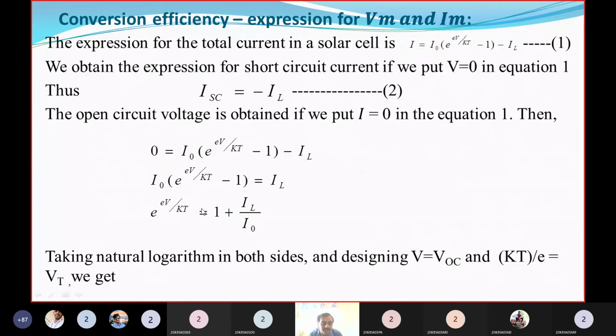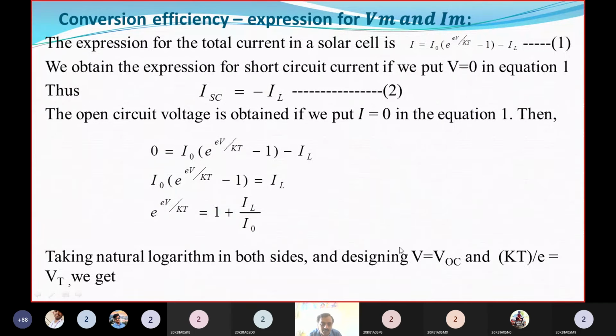Here KT by E is the thermal voltage, KT by E is equal to VT. And instead of V we substitute VOC, because we are taking I equals 0.